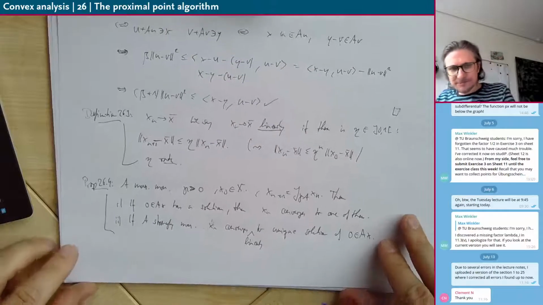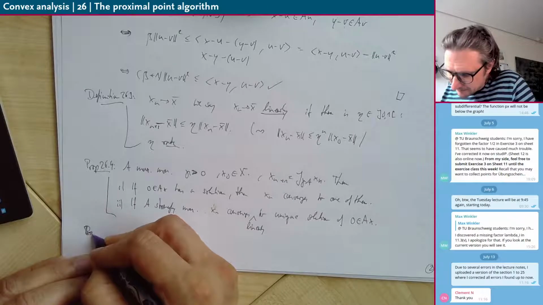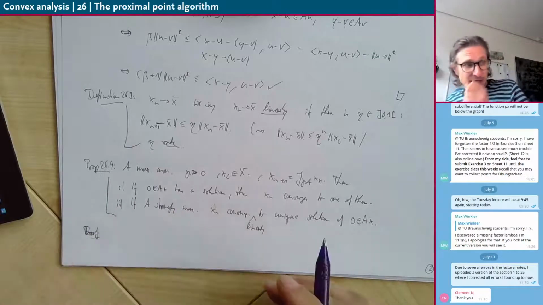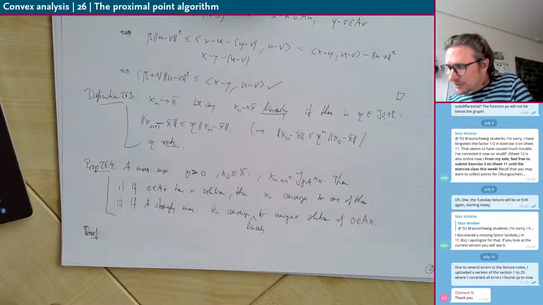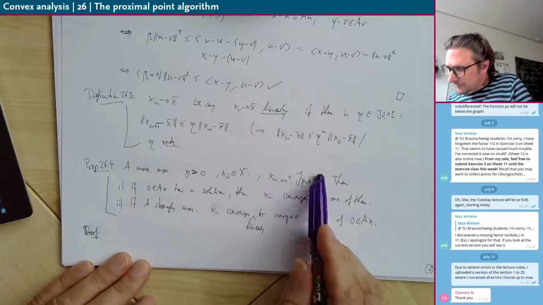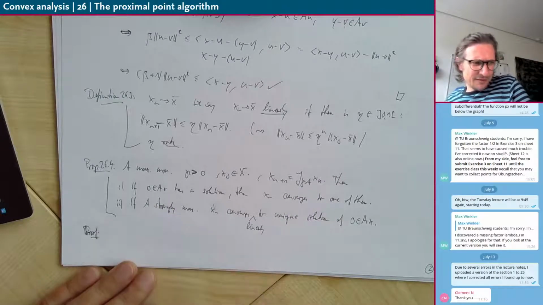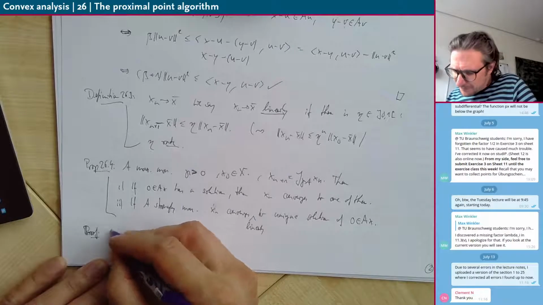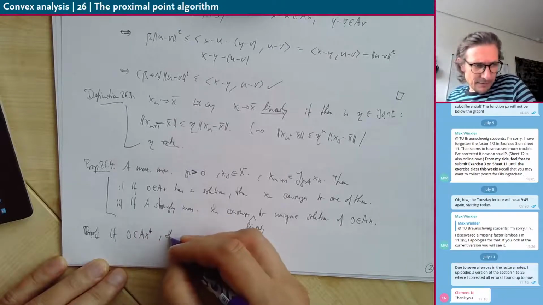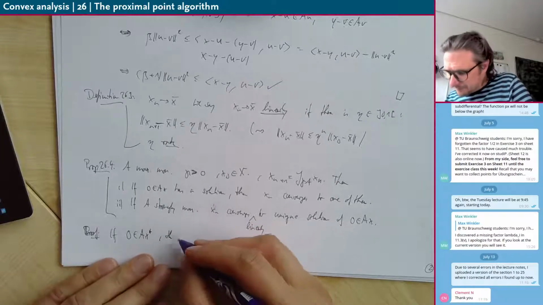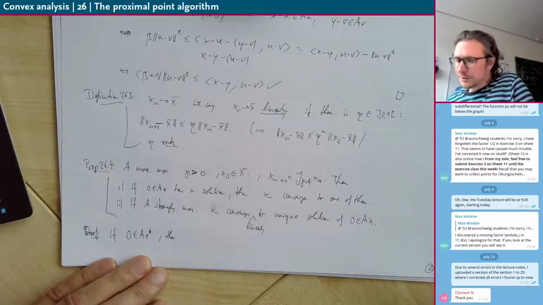We can collect everything we know, and maybe I take the opportunity and actually prove that fixed points of the resolvent are solutions of the inclusion. I'm not sure if you already proved that, but here it is. If we have x star as a solution, then 0 is in gamma A x star.